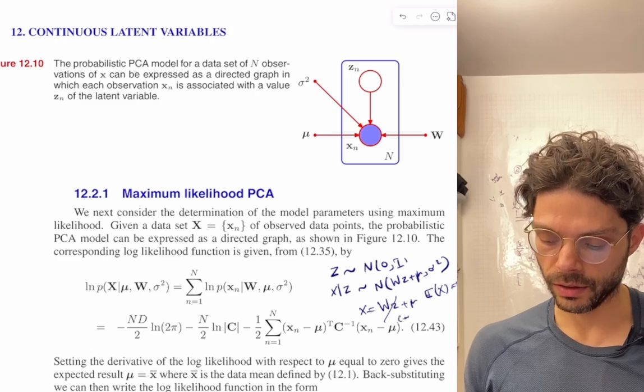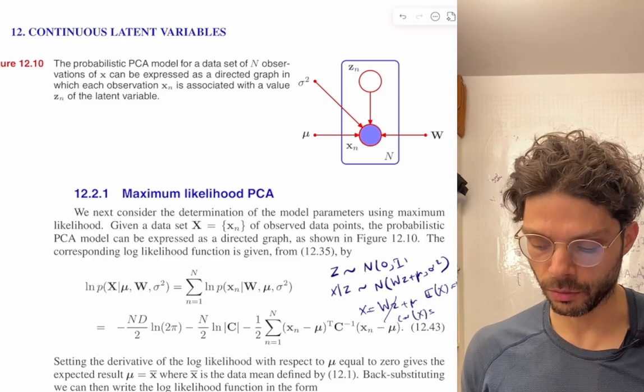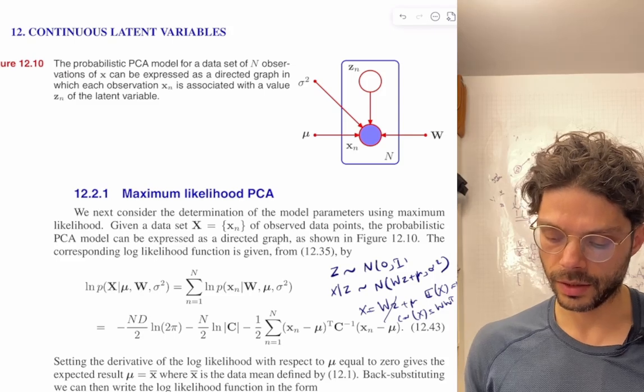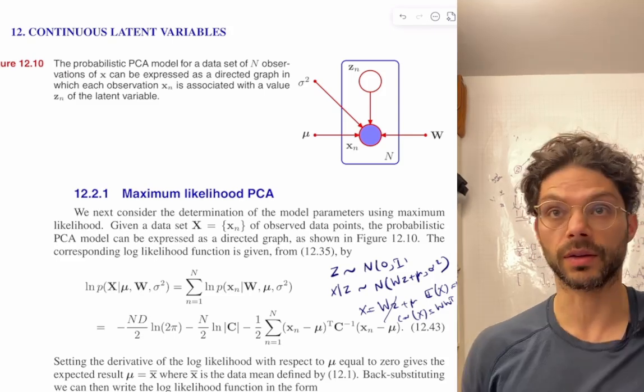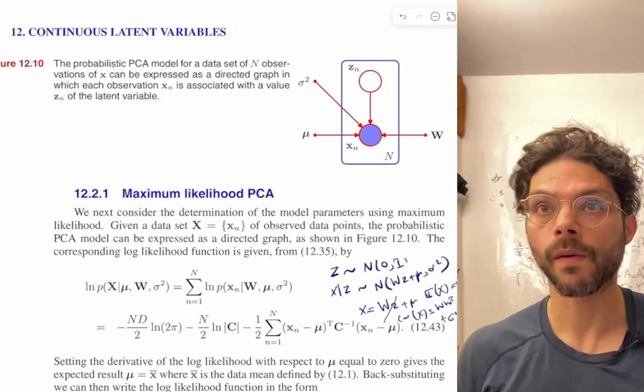And its covariance is the covariance contributed by the WZ term, which is WW^T, plus the additional term from sigma squared.